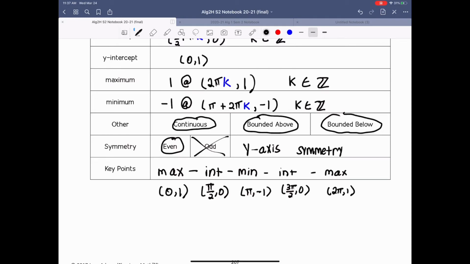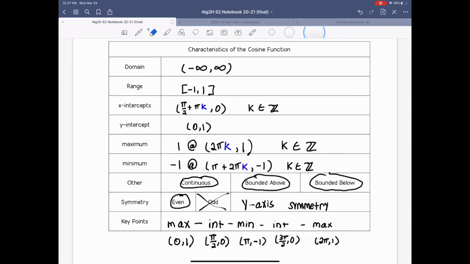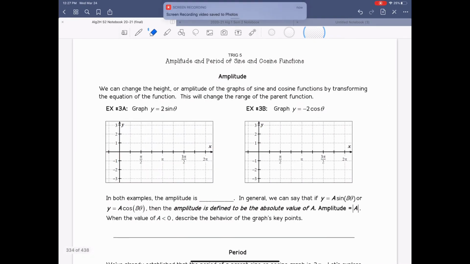And those are some of the common characteristics of the cosine function. So with that being said, let's go ahead and move on to the next page, and we're going to use the parent graphs of the sine and cosine function to figure out how to actually graph the transformations. All right, moving on to the next page, let's go ahead and talk about some more characteristics of those functions.